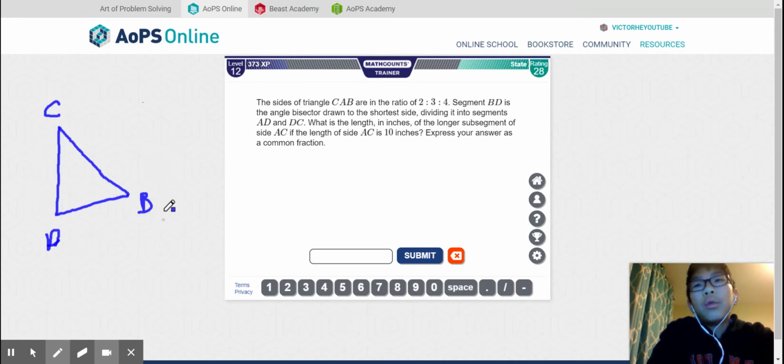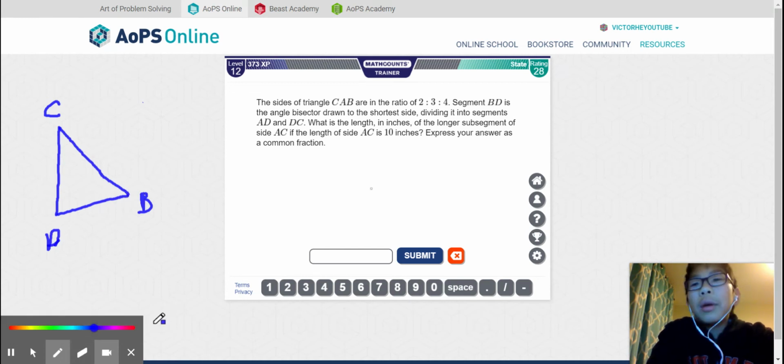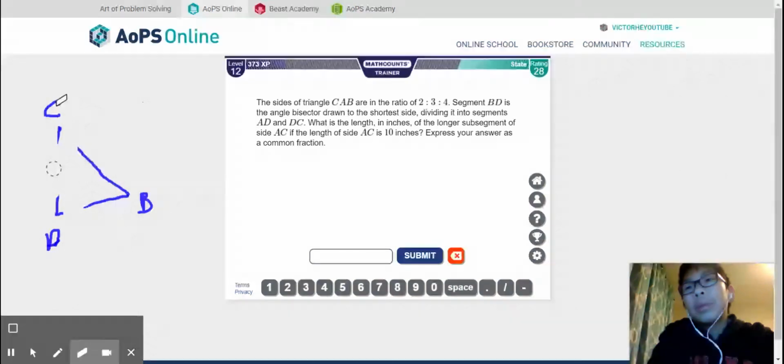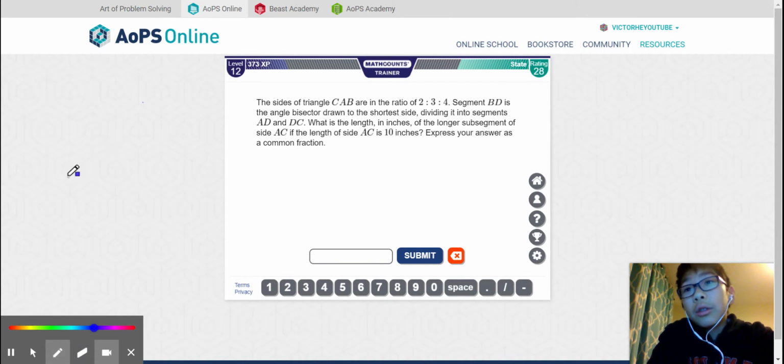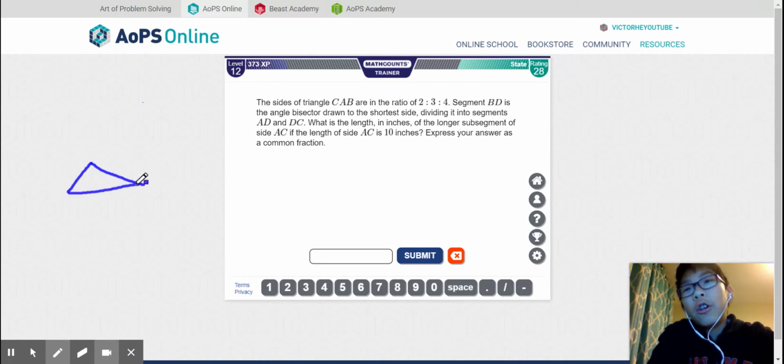So this is in ratio 2, 3, 4, and segment BD is the angle bisector drawn to the short side. Okay, I'm going to redraw this, because it says the sides are in the ratio 2, 3, 4, not exactly. So we have 2, 3, 4. Make sure you know that this isn't a right angle, unless you have proof it is.